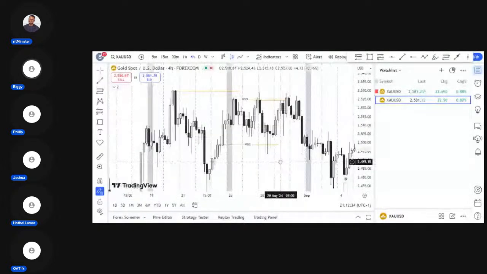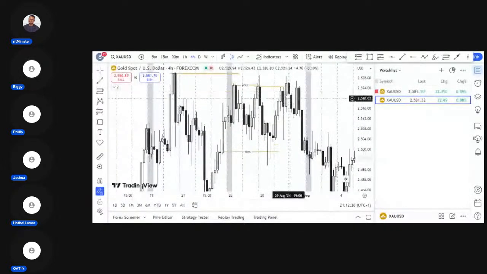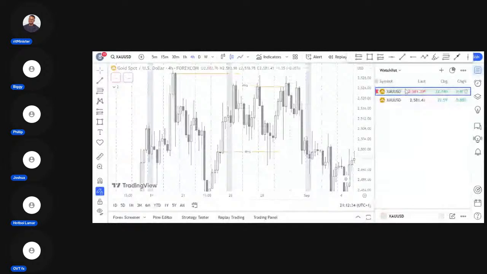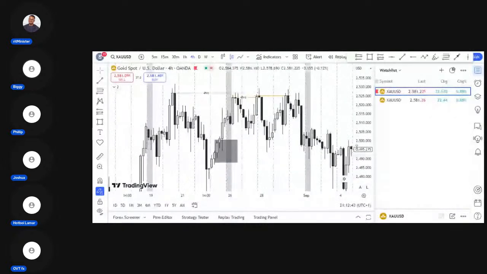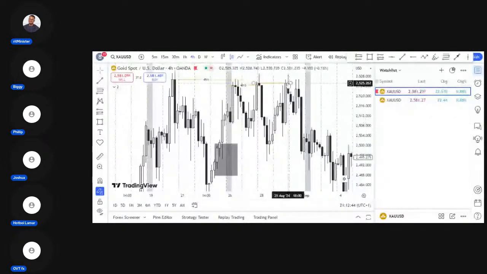You see that this zone was violated on forex.com because the price went up and then closed above, so you should be looking for buys. But now on Oanda, you can see that it is respecting the zone. So it gives you more ability to trade.